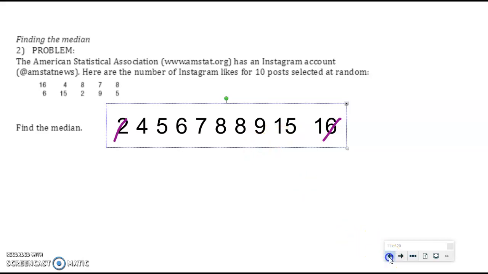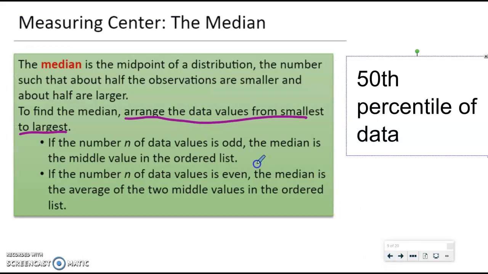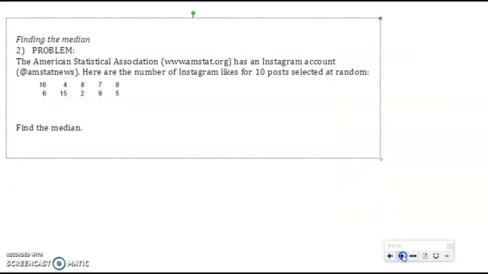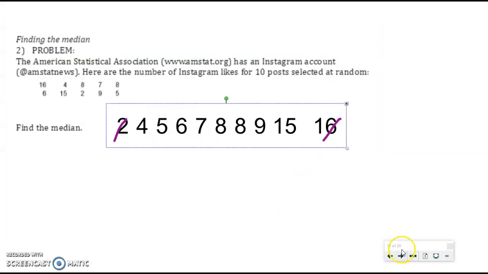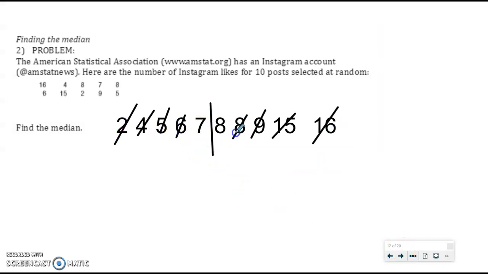Now, one of the big things is that if I have an even number of data points, which I do here, we're going to have to find the average of those middle two numbers. So I'm going to keep scratching it out, and what happens is I'm left with two numbers, 7 and 8. So I have to find what is in the middle of those.